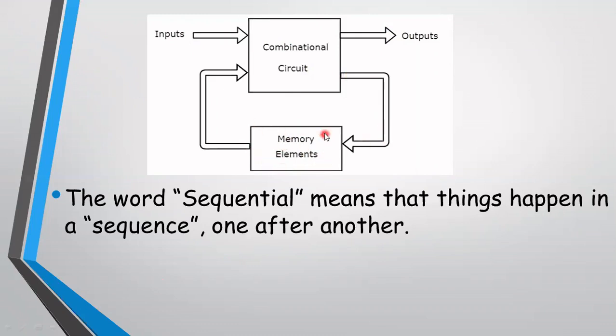Most probably the previous state or past output is fed back to the input. So the past output, or the value that we have recorded here, and the present input give us the present output. So a sequential logic circuit depends on the present input and the past output.